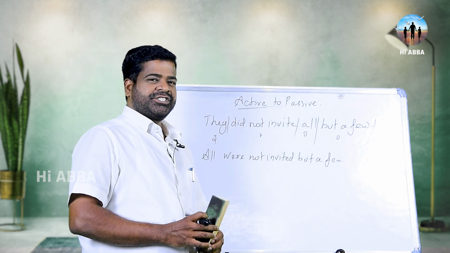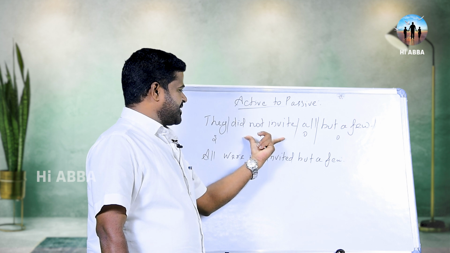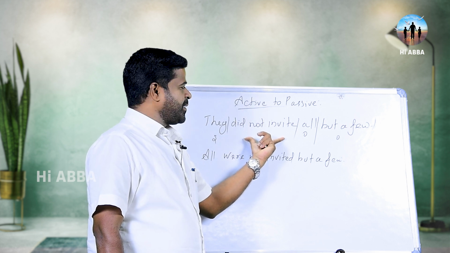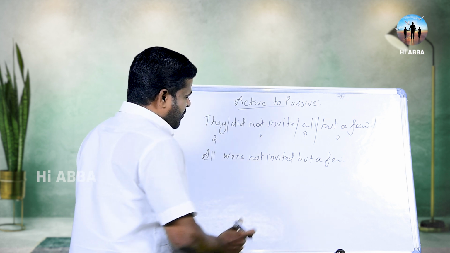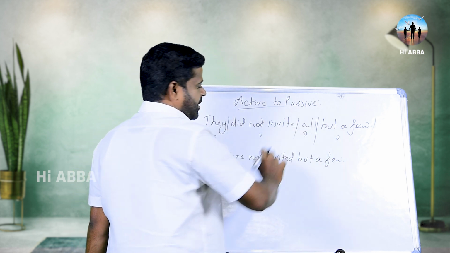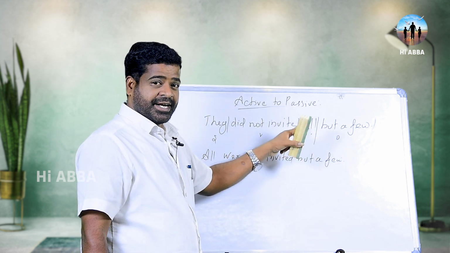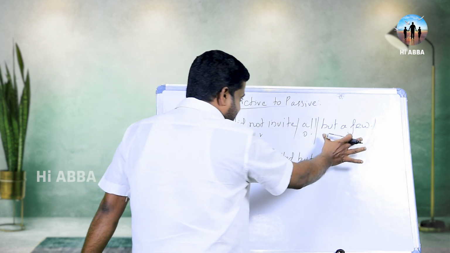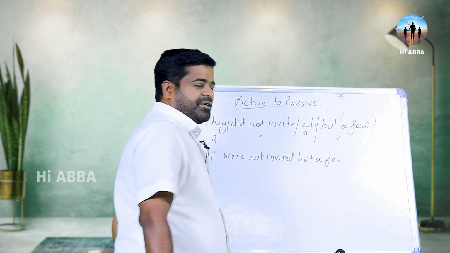Now pay attention, my dear students. This is actually a negative sentence, but it is also a positive sentence. When you take this object all, it is negative. They did not invite all, it is negative. But if you take this object, especially in English, this but is very important.